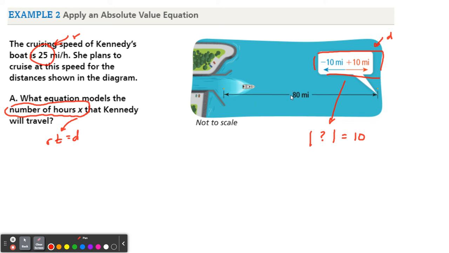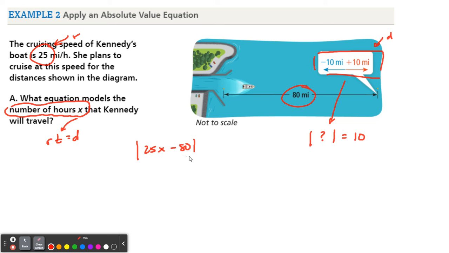The distance, we know we have to go 80, right? There's this 80, but then you have this plus and minus 10 miles either way. All right. So what we're going to do is in the absolute value, we're going to put our 25 and our x for time. We're going to put a minus 80 inside there because again, this plus or minus 10 has to be added to the 80.